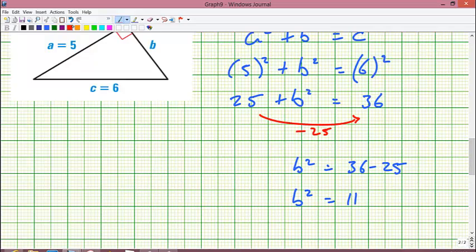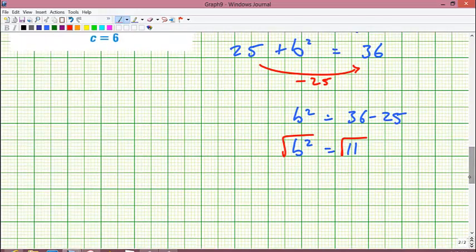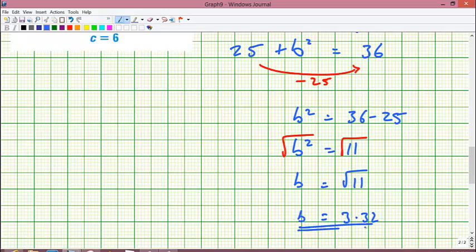So in order to evaluate b, we square root both sides. B equals the square root of 11. And if we want to assign a value to that, we go to our calculator, work out what the square root of 11 is, and it's approximately 3.32 of whatever the units are.